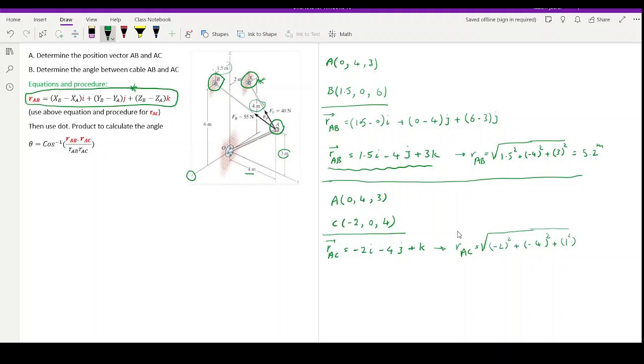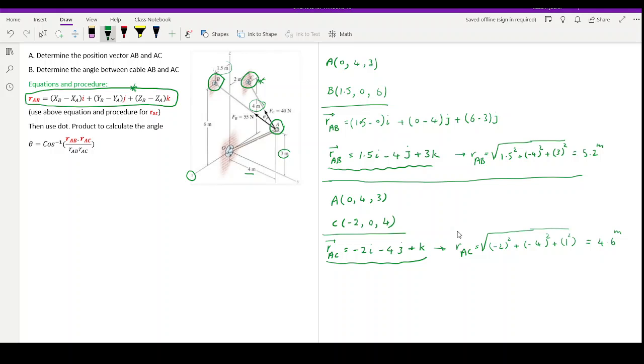And again, if you solve this, it's the square root of 21, and that's 4.6 meter. Now we have RAC as a vector and RAC as magnitude or scalar, the length of RAC.